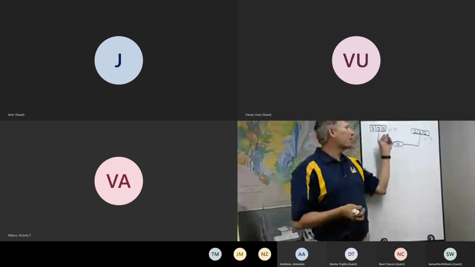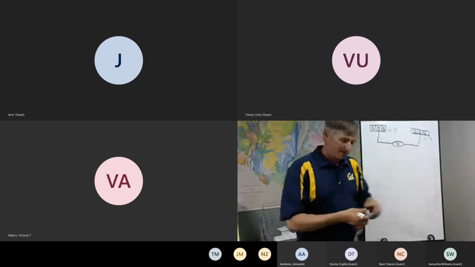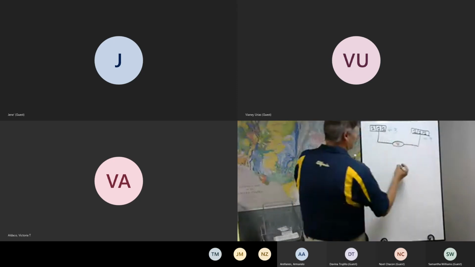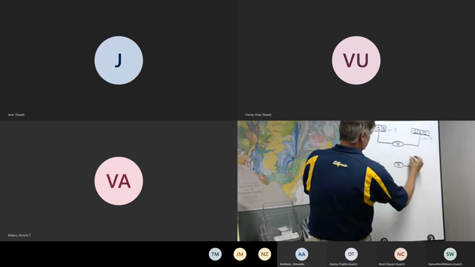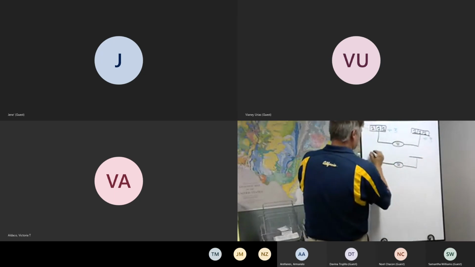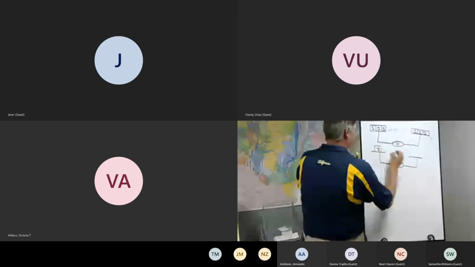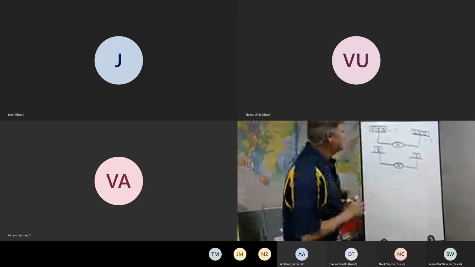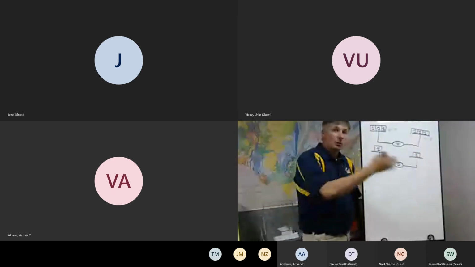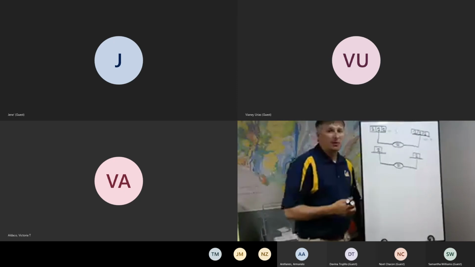But if we reduce it on one side to 1/3, we need to reduce it on the other side to 1/3. Oh, wrong symbol. And once again, it's balanced, 1, 1. This is the division property of equality.